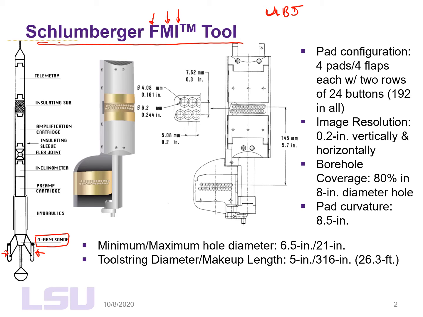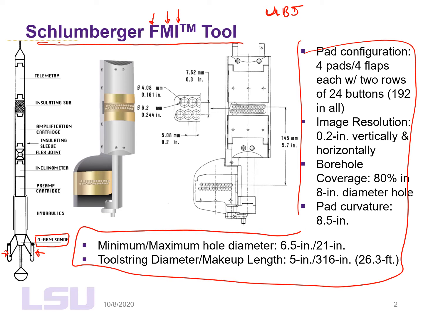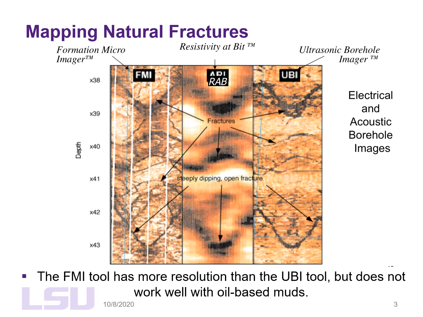So if it sees fractures, it's able to come up with a high resolution on that. And this is just details about that tool. Important thing is this is based on electric signals, whereas UBI was based on ultrasonic signals, and the electric signals are emitted from those electrodes which sit on the caliper arms.